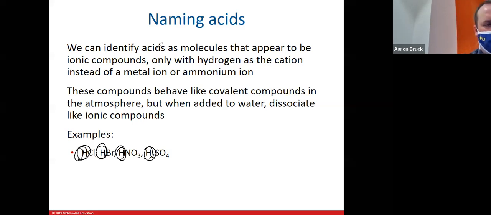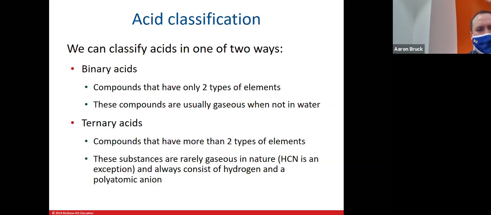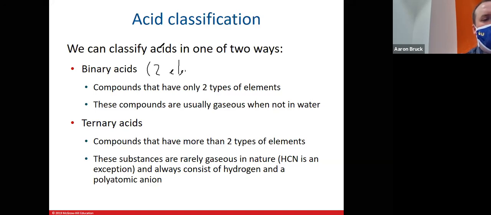How do we name them? We name them based upon the number of elements that are in the acid. If there are 2 elements, we call it a binary acid.